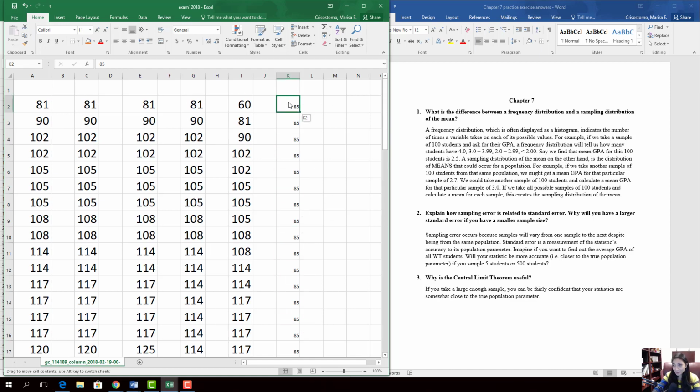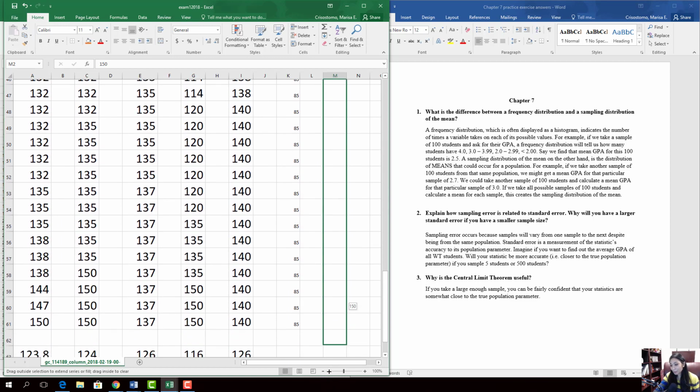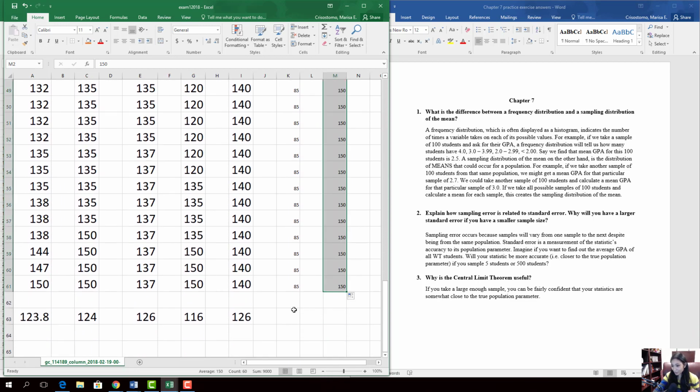I could, in the same sense, get a sample where everyone scores 100%. Again, if I'm taking a random sample, that's probably highly unlikely. But in the end, when I calculate these means, I would get a very low mean for this sample, and I would get a very high mean for this sample over here.